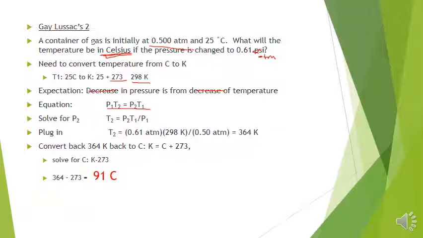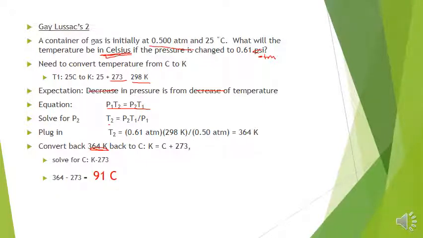All right, there's my equation, and now I want to solve for T2, so I divide both sides by P1. I get 0.61 times 298 divided by 0.5, and that'll be about 364 Kelvin.